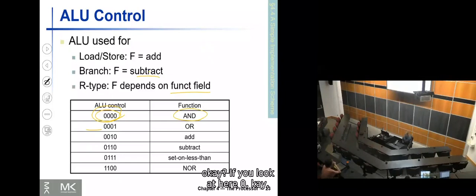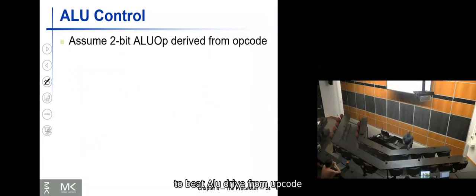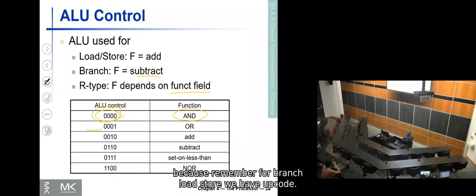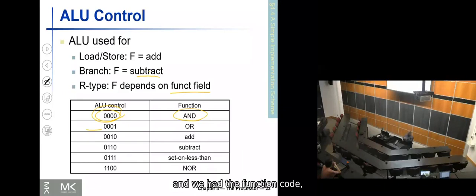Okay, if you look at here, the 2-bit ALUOp is derived from the opcode, because remember, for branch, load, and store, we have an opcode. So from the opcode, we could find the ALU operation. But for R-format instructions, we had opcode 0 and we had the function code.